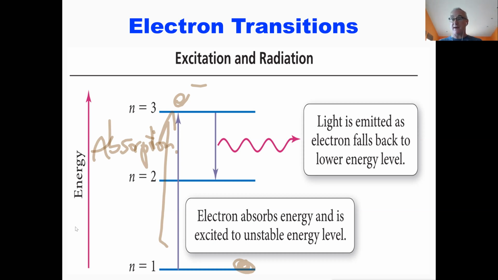Its emission spectra, looking at the light it actually gives off, tells you how far away the electrons are when they come back to the ground state. So it's absorption, getting energy in, and electrons going up, and then emission as the electrons give off light and fall back down to the ground state.